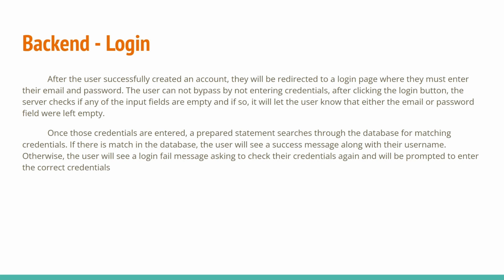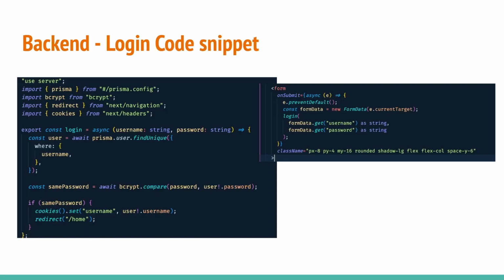Then we'll have a look at the code snippet here. The function login is going to ask for the parameters username and password. Once that user enters those credentials, the Prisma user find unique function is going to go into the database and find that user.